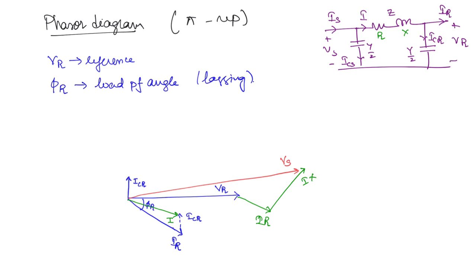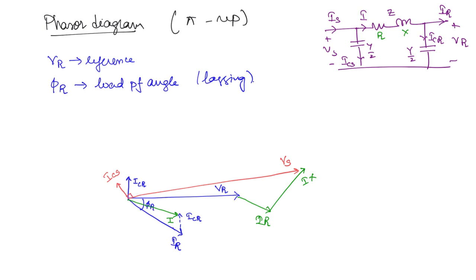What else is left out here? Only the sending end current. Now Vs we know, the sending end voltage. Is will be equal to the sum of I and ICS. So first we have to draw ICS. ICS will be leading Vs by 90 degrees because it is the current through the capacitor. So this you can take as ICS. This angle is going to be 90 degrees.